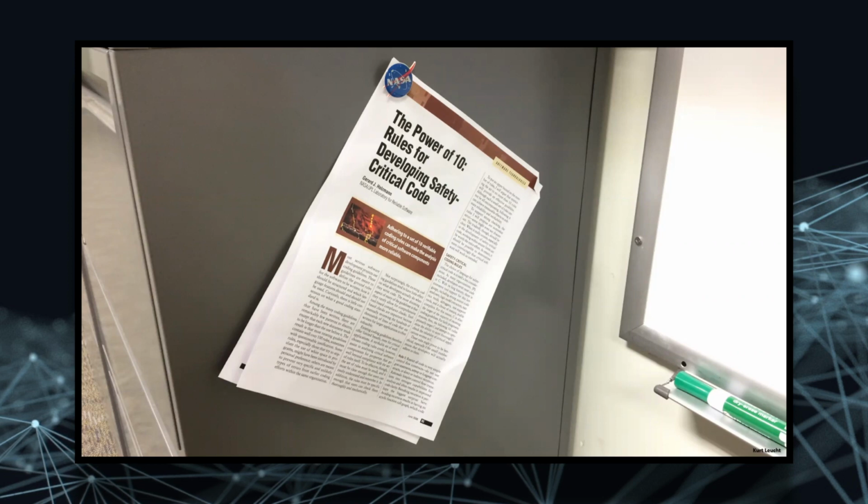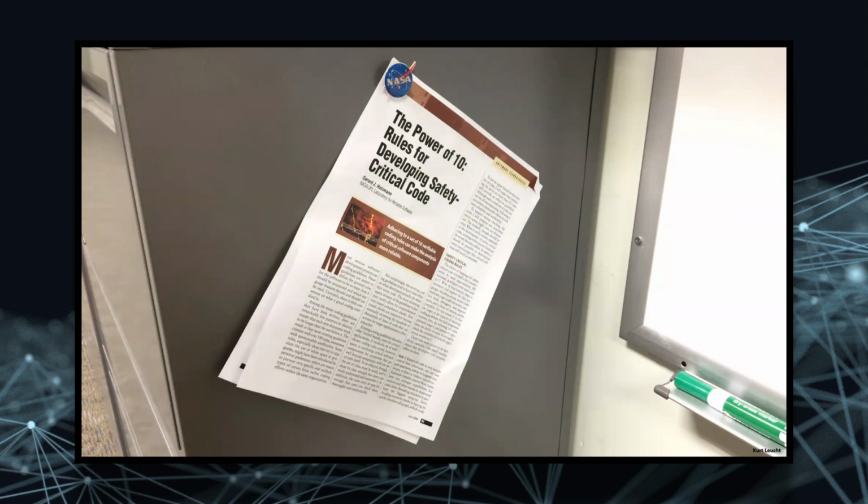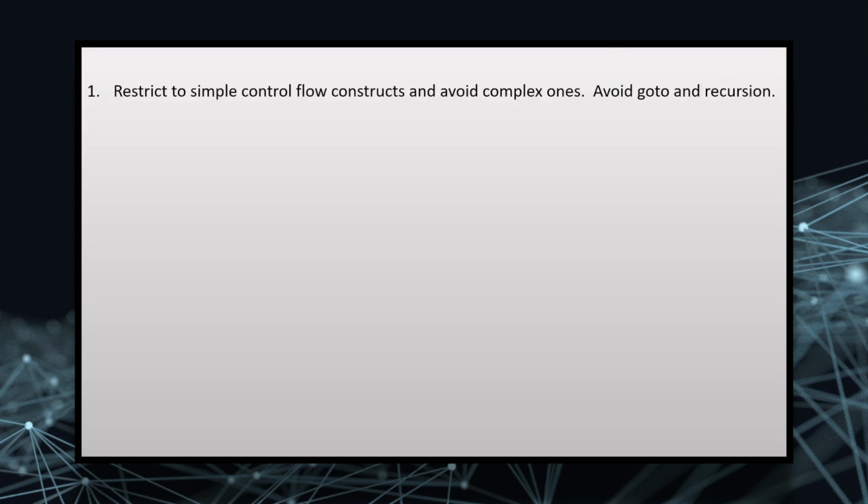The Power of 10 rules are essentially a risk-based coding standard, as opposed to a style-based coding standard. They were originally published in IEEE Computer Magazine back in 2006, and you can find them on their Wikipedia page. And they've also been rolled into the official JPL coding standard, which is also publicly available on the internet.